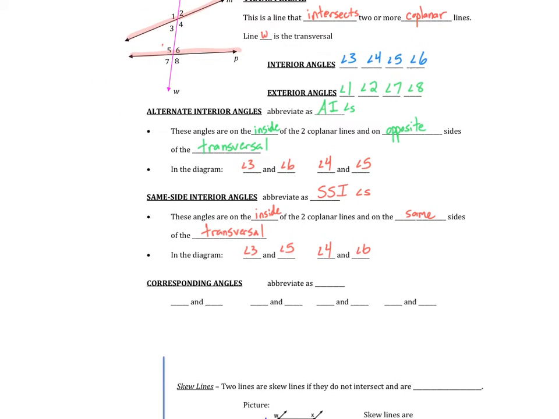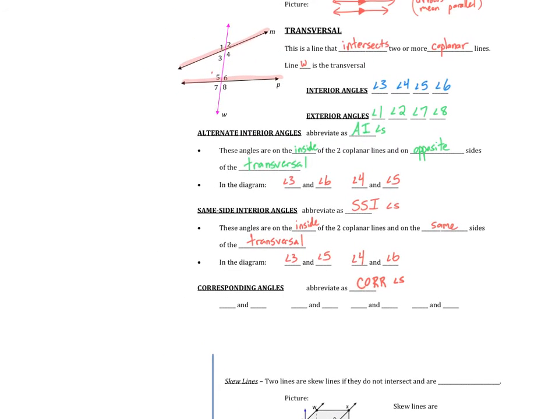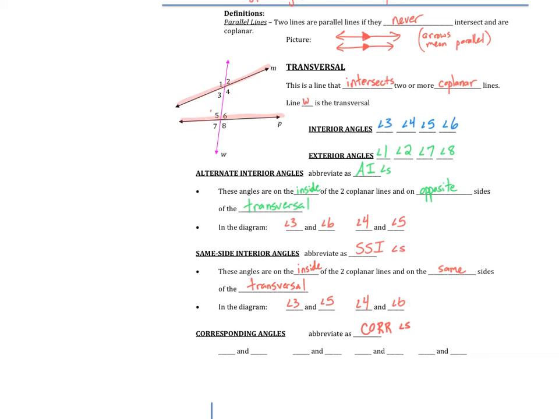And the corresponding angles we abbreviate as CORR. These are angles in the same position. If you look at these two red lines, there are angles above and below and angles to the left and the right. Above and to the left would be angle 1 and angle 5. Those are corresponding because they're both above a line and to the left of the transversal.